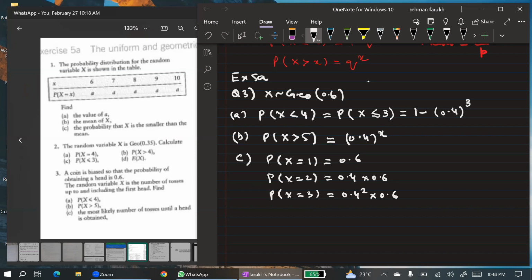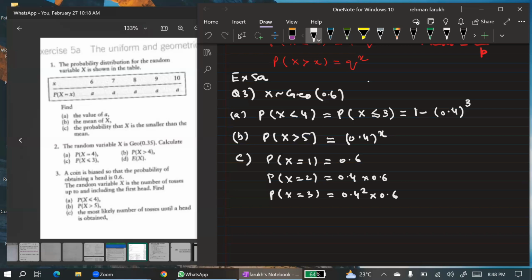X is equal to 2 is written, son. So x is equal to 2 means in the second trial we will get the first success. The definition of the geometric distribution is we will perform the trials until the first success is obtained, and when the first success is obtained we will terminate the process.